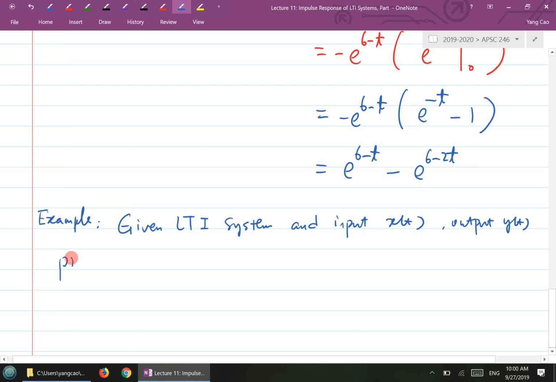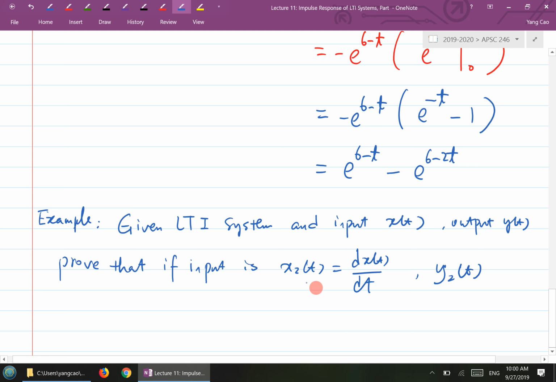Now, I want to prove that if the input is changed, so this time the input is, instead of x of t, the input becomes the derivative of x of t, then the output corresponding to this input is dy of t over dt.